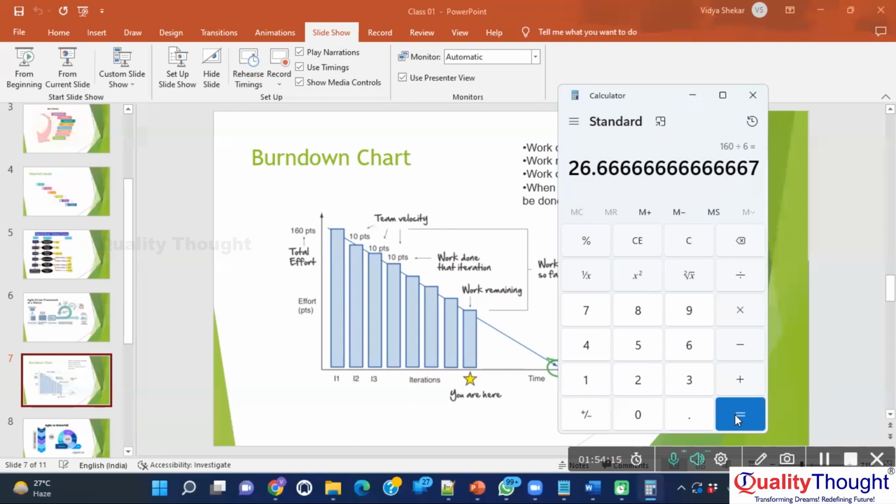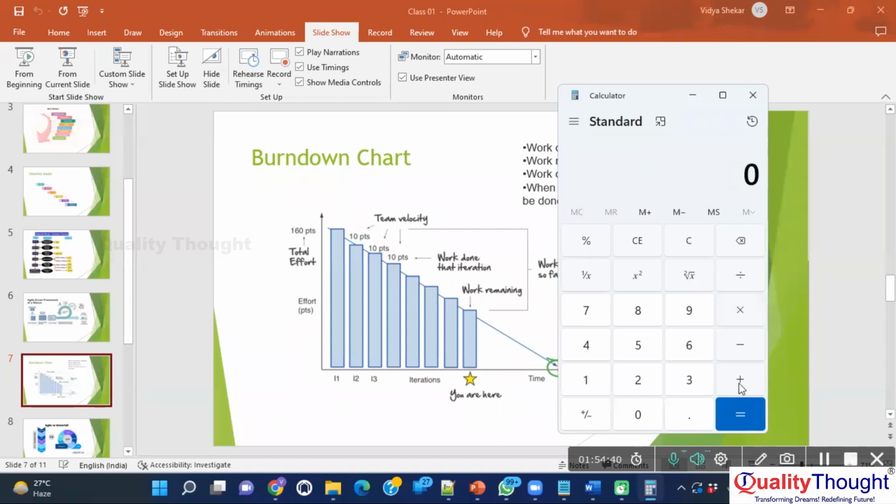How many people may be working on the team? On an average, say your team size is 6 people, and one person will have 1 story point, that is an average of 36 hours only. Are you getting my point? Average hours is how many hours your team will deliver in a day.